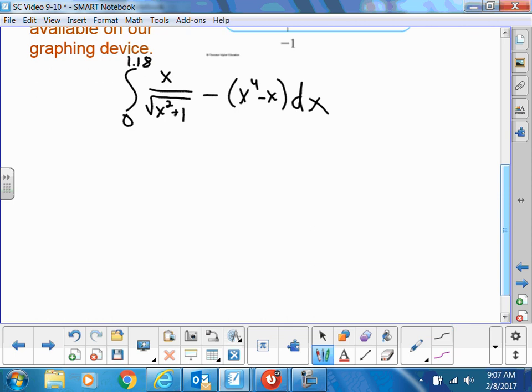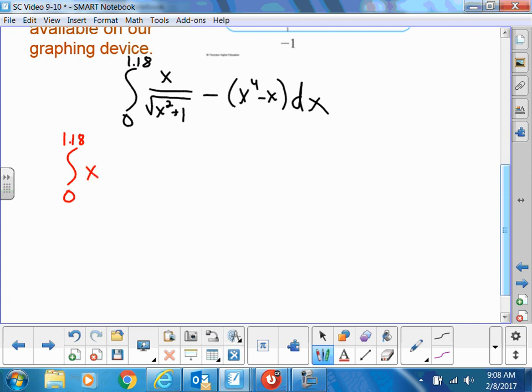So what we're going to do is split this basically into two separate integrals. Because to be able to do that x over square root of x squared plus 1, we're going to have to use substitution. The second part, we're not. So we're going to split this into 0 to 1.18.